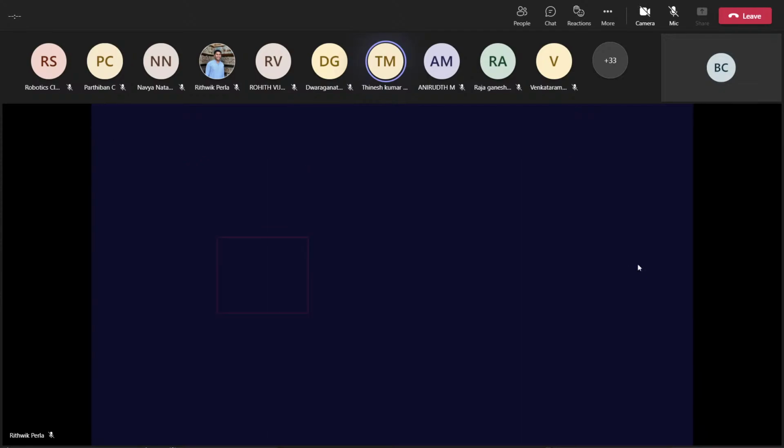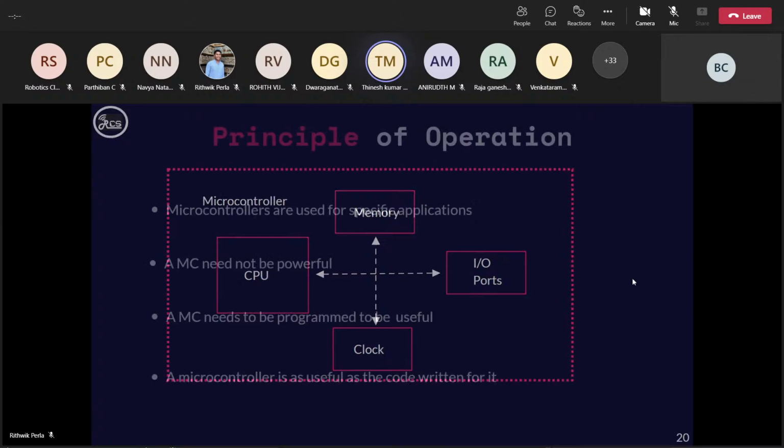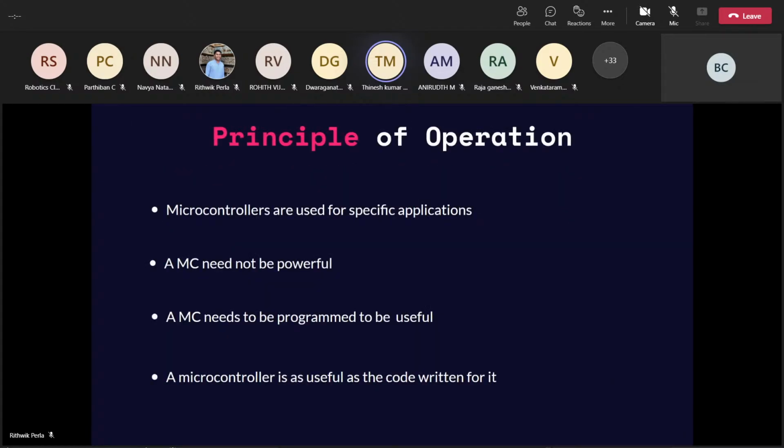So moving on, principle of operation. Microcontrollers are used for specific applications. What does that mean? A microprocessor is used in mobile phones and laptops.